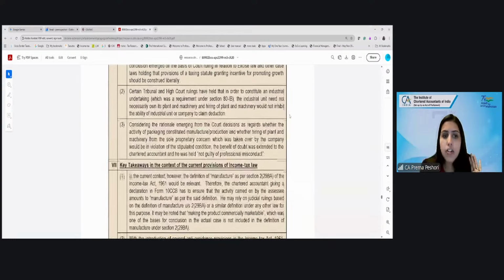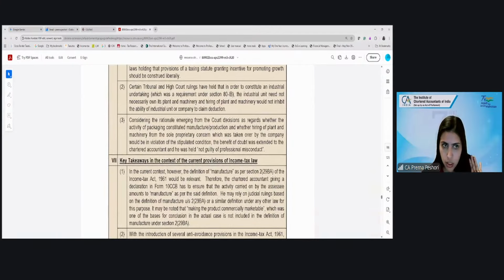Now, considering the rationale emerging from the court decisions, whether the activity of packaging constitutes manufacturing, number one, and whether, if you don't own the plant and machinery yourself and hire it, you can still qualify as an undertaking.